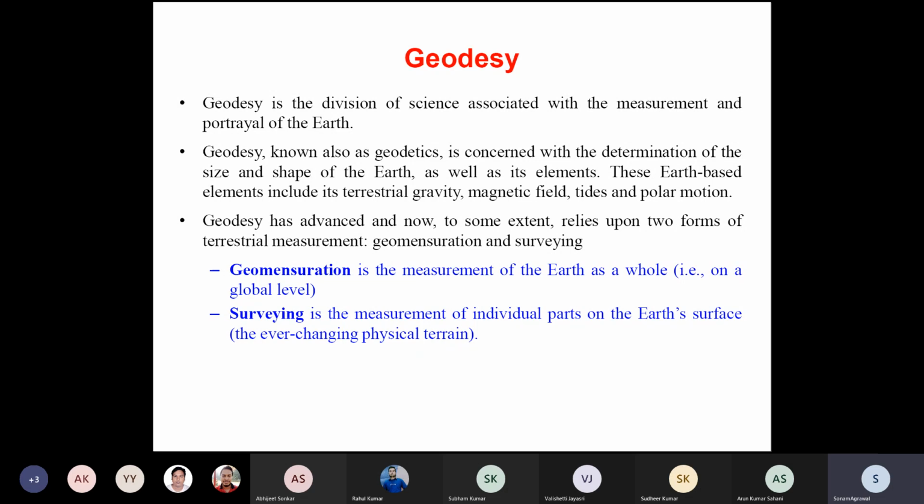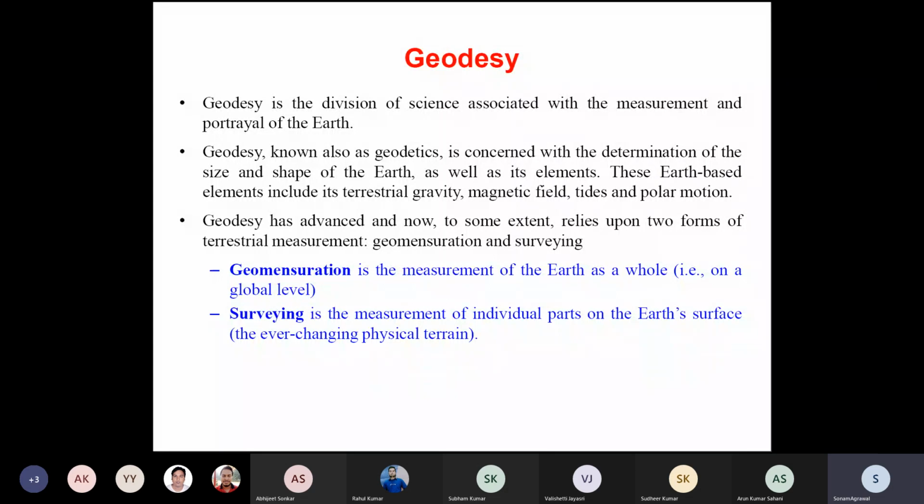Because we need to measure positions on the Earth's surface. When we collect spatial data, it is about measuring something on the Earth's surface, so you need to learn about the shape, the size, and the reference through which we are going to measure.